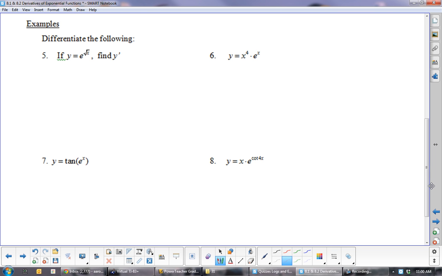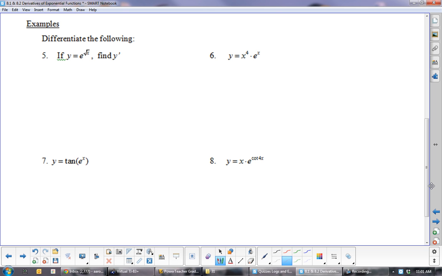Okay? So, everyone got their formula sheet out? Because that should be on there. Finding your formula for e to the x is e to the x, or e to the u du. Okay, so these are the ones we're going to be working on today and tomorrow.